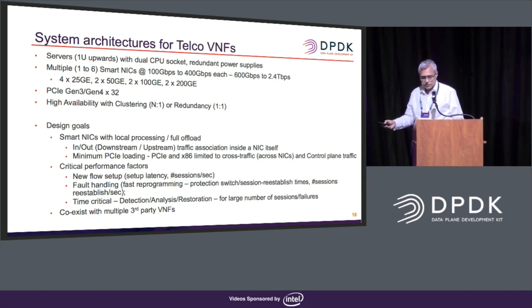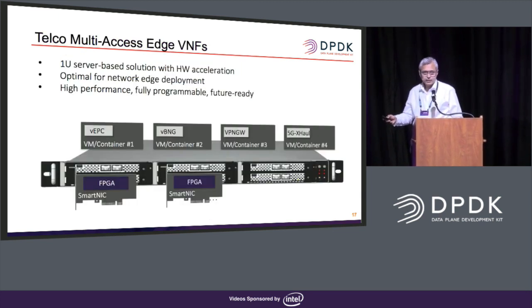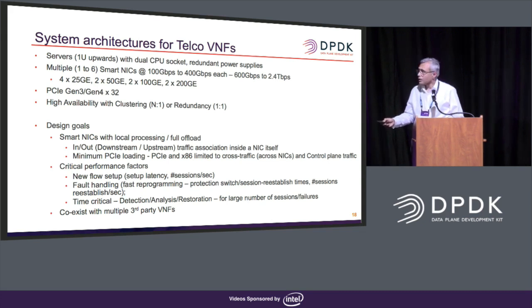In an architecture with maybe 5 or 6 smart NICs, we are talking about a net bandwidth from a minimum of 600 Gbps to sub 1 terabit, to close to about 2.4 terabits. To handle this kind of load, it was felt that a full offload is definitely a better way. And to do this, the design goals, again, as Barak mentioned, control plane packets, yes, and the first packet, and the rest of the control plane need to be serviced by a control plane VNF.